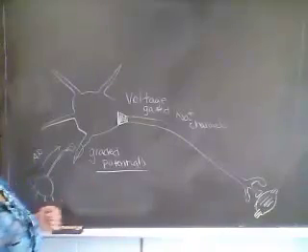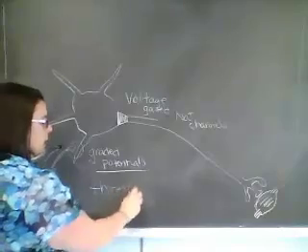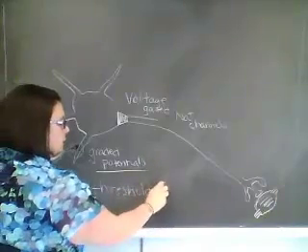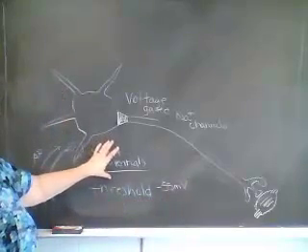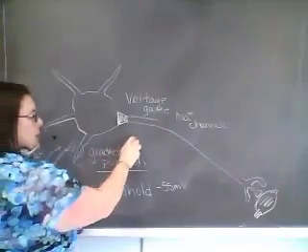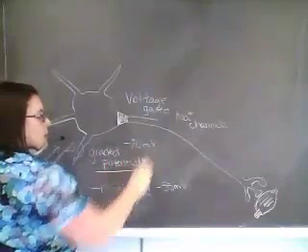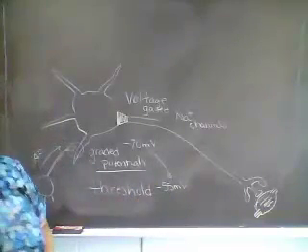Okay? We call that threshold. The threshold that we will use, we focus on, is minus 55 millivolts. That means the actual size or magnitude of these graded potentials have to be able to take the resting membrane potential from minus 70 millivolts at rest to minus 55 millivolts for threshold.